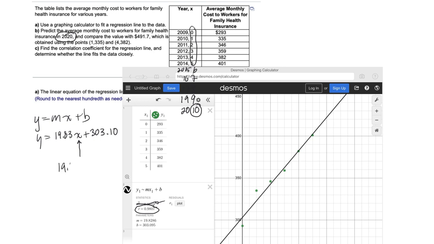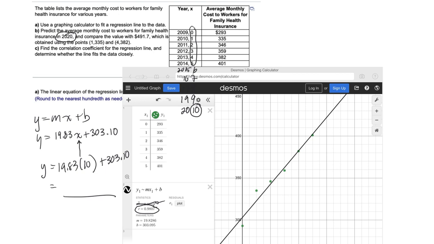So 19.83 times 10 plus 303.10, and figure out what that comes out to, and that'll tell you what the average monthly cost should be in 2020.